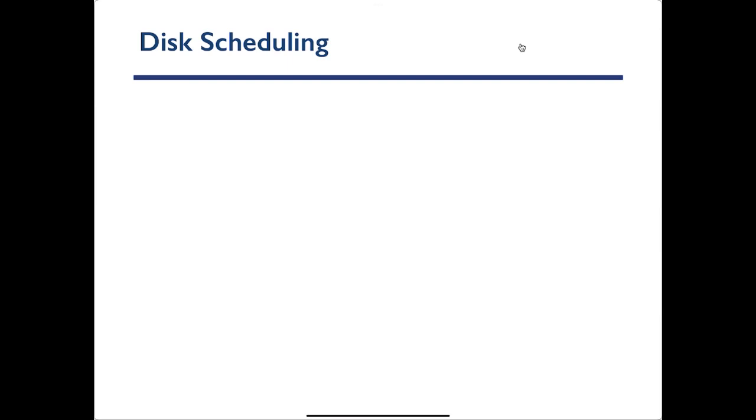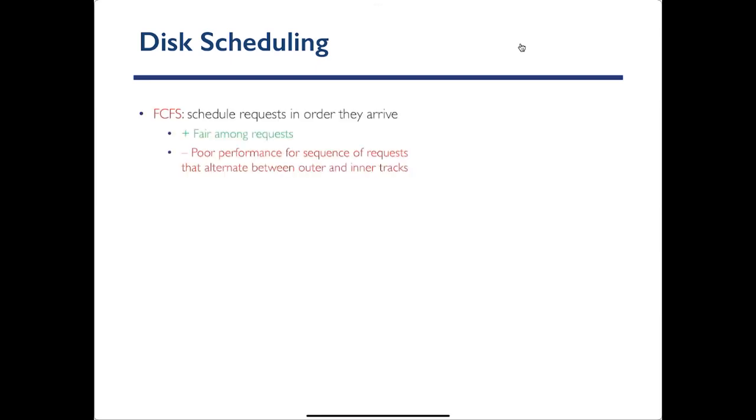Now the controller can look at the requests and potentially schedule them. The easiest way to schedule is to just do first come first serve. This is going to be fair because we're not prioritizing anybody over anybody else. Any request that was generated first gets answered first.